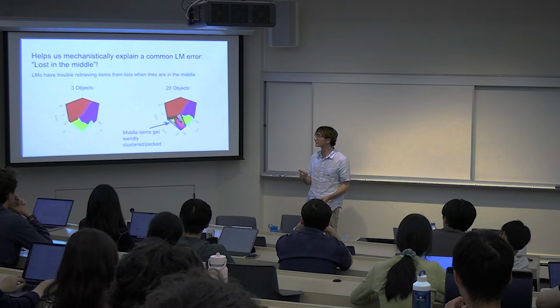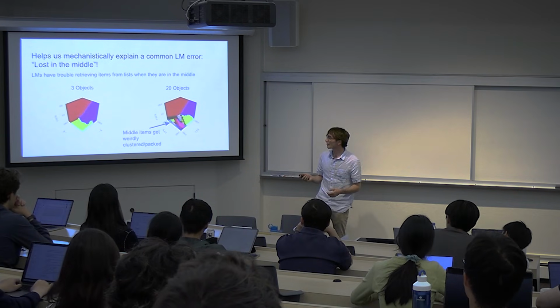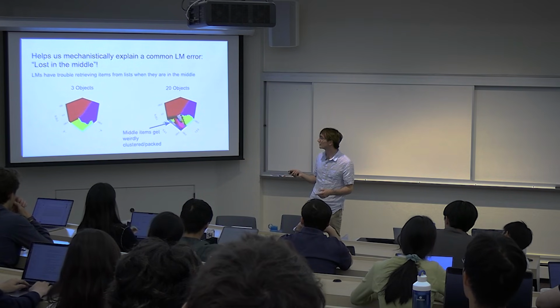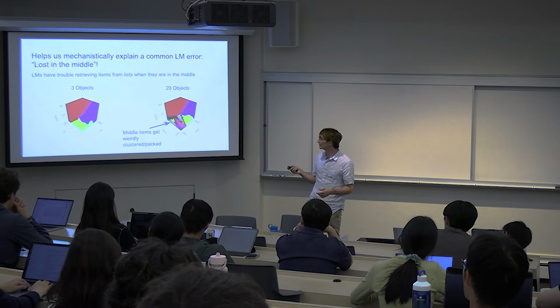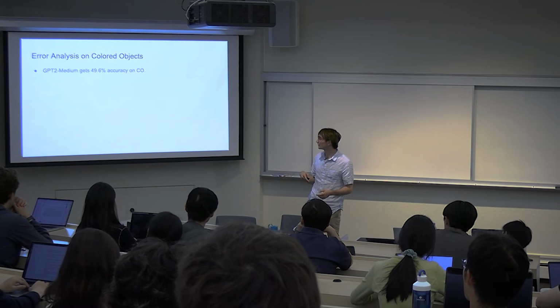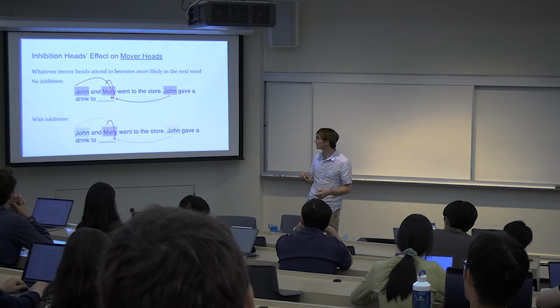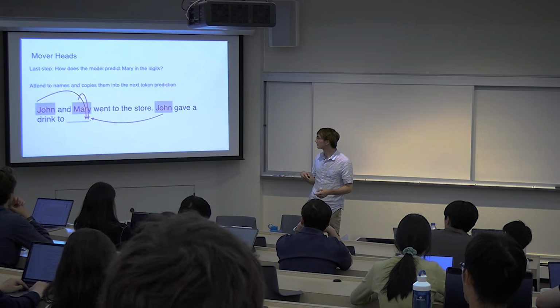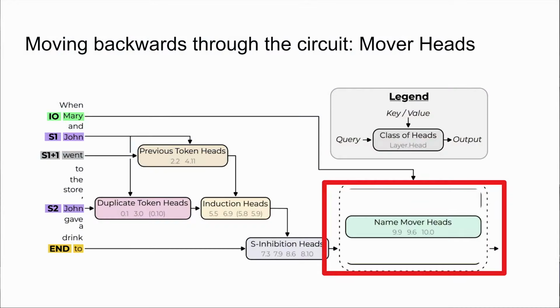I didn't say, but I would love to talk about it. Let me go back. So we're looking at these inhibition heads now. Each of these inhibition heads is contributing some amount of signal about inhibiting John or whatever.